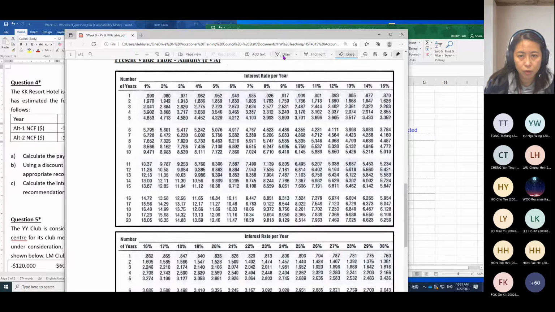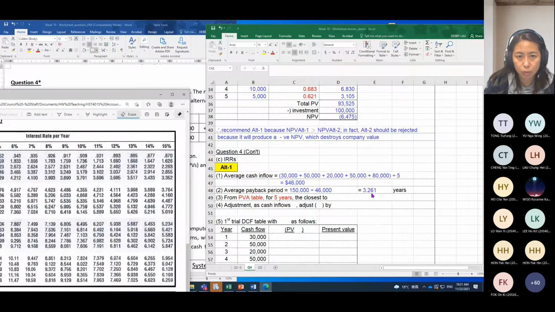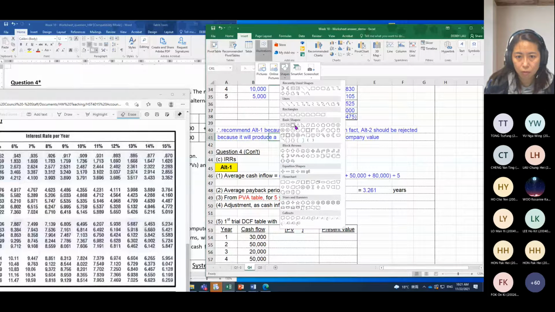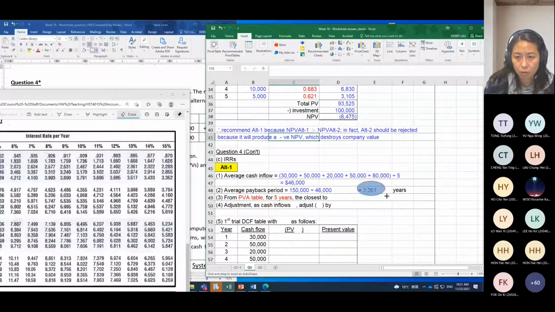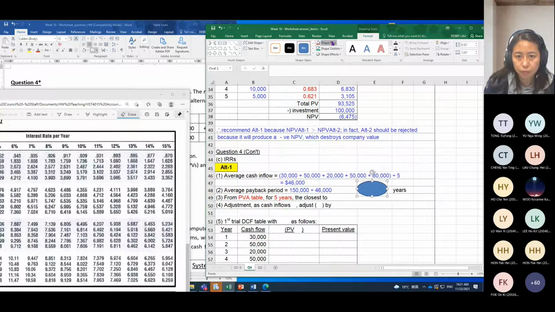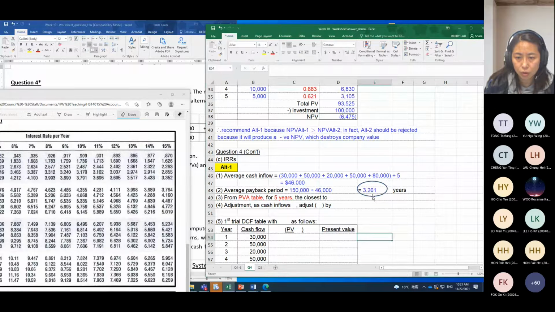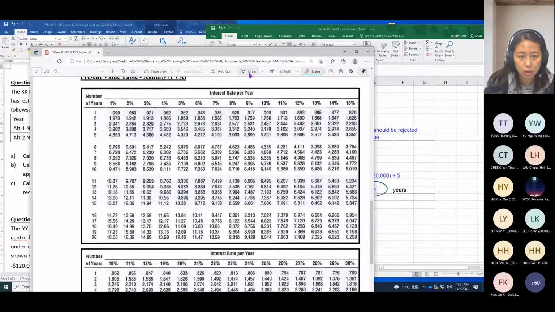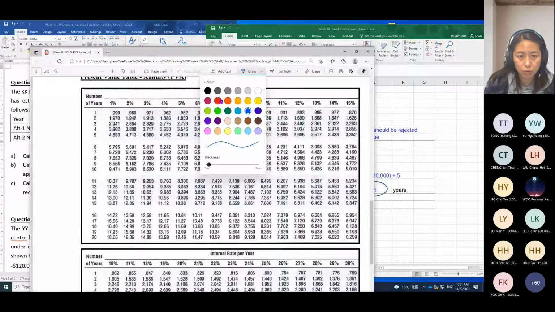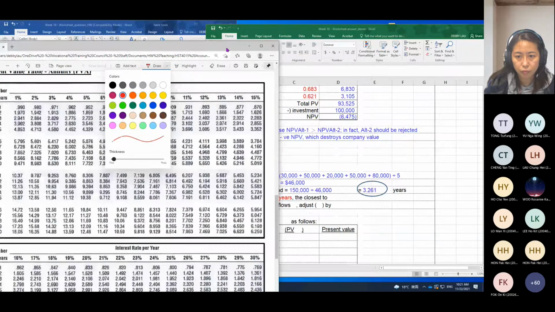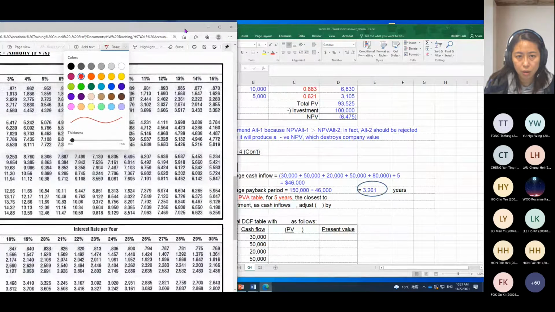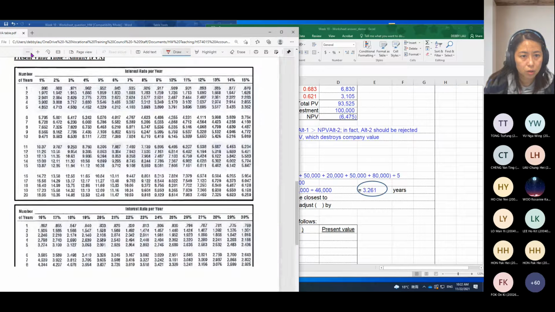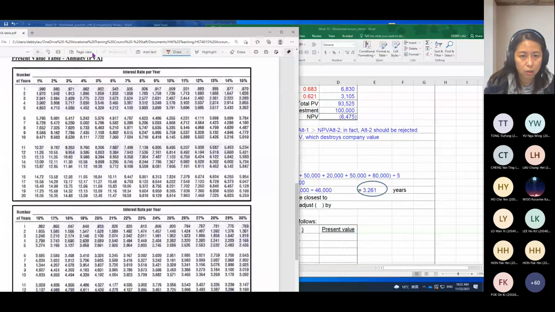So we have to find the amount of 3.261. Okay, so you have to find this figure.